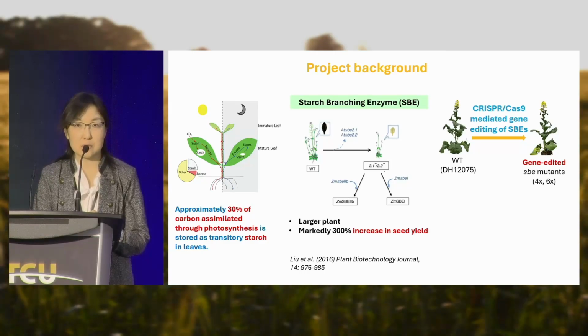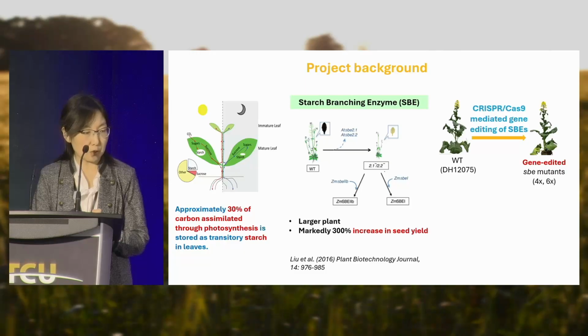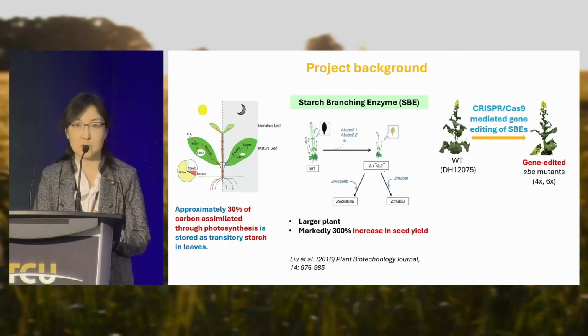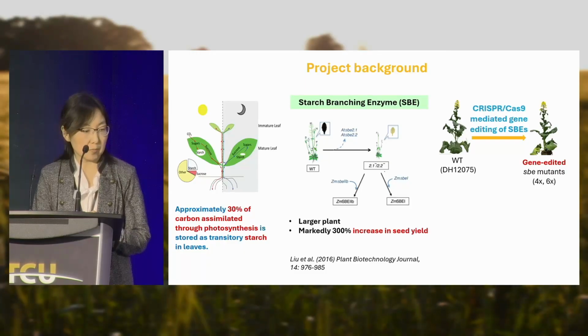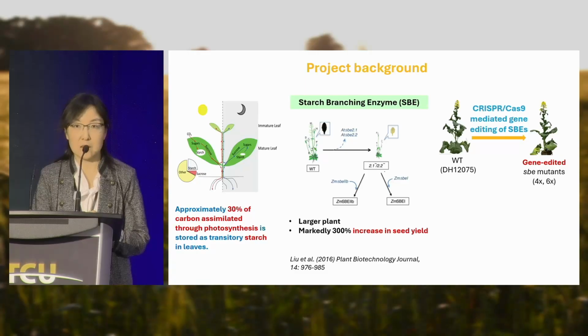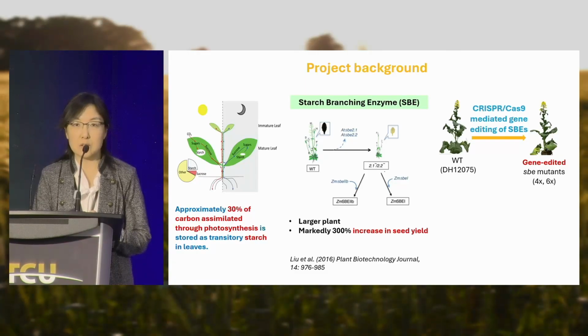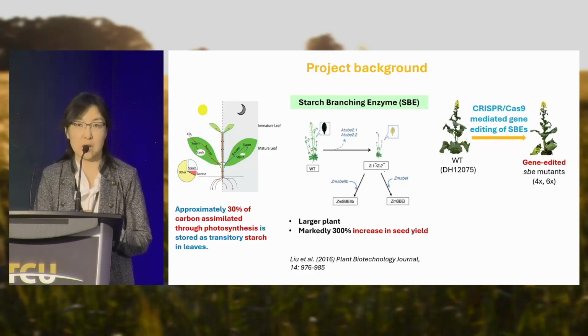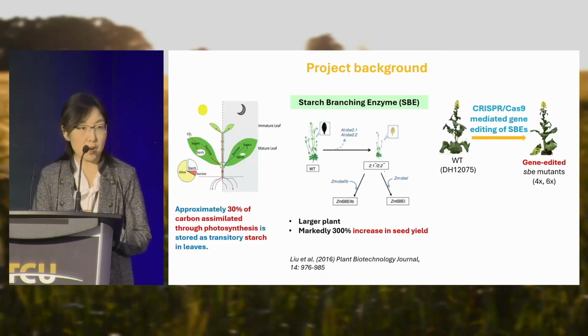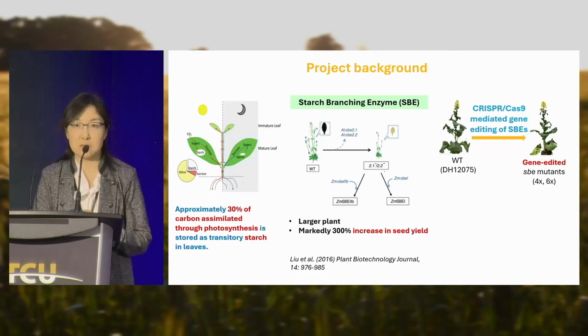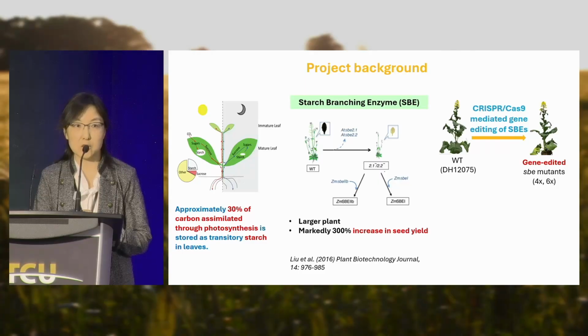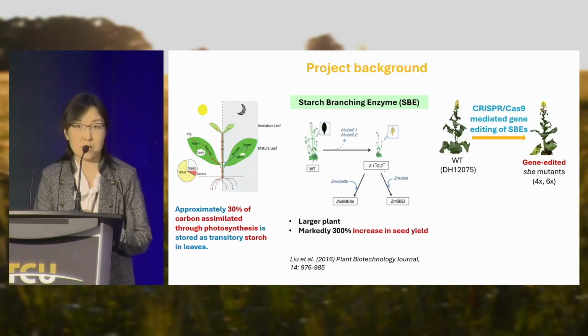There are 2 steps. The first step is to generate canola SBE mutants using the CRISPR-Cas9 system. We have obtained a range of mutations with different combinations. 4X is a quadruple mutant, which carries mutations in 4 genes, and 6X carries mutations in 6 genes.